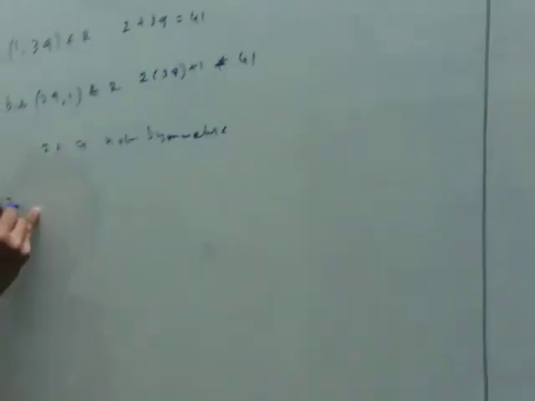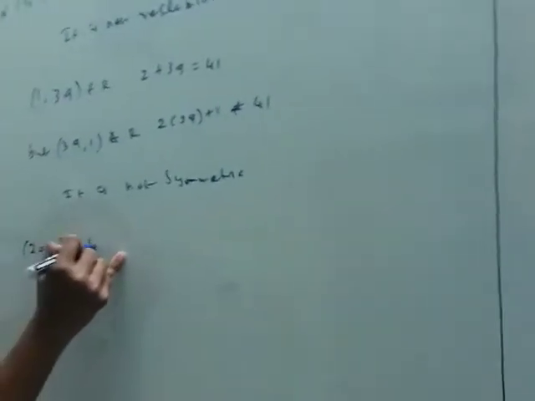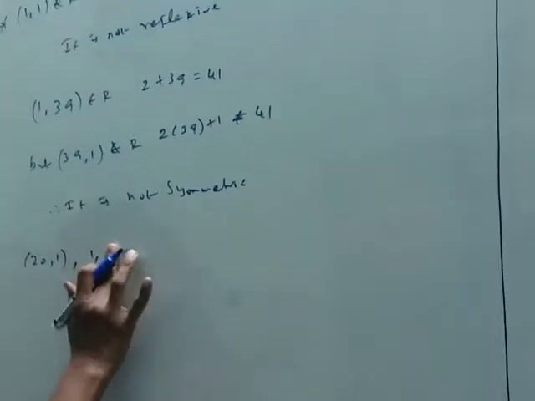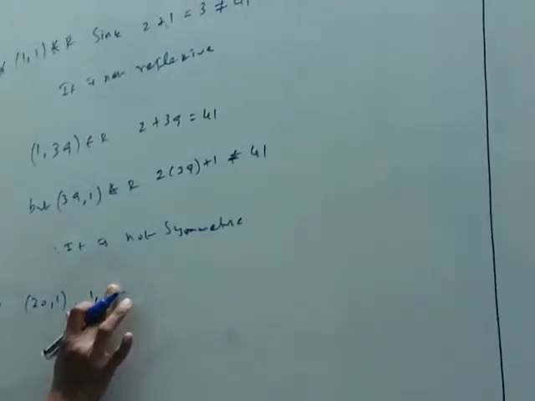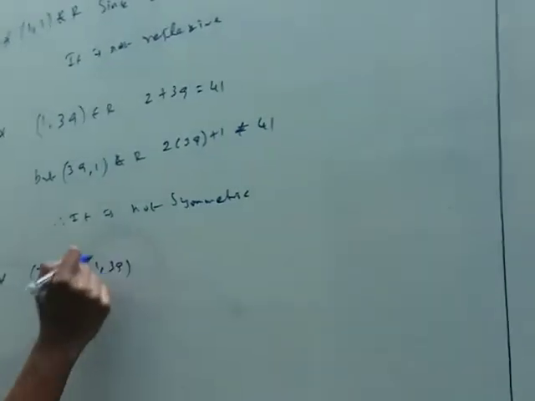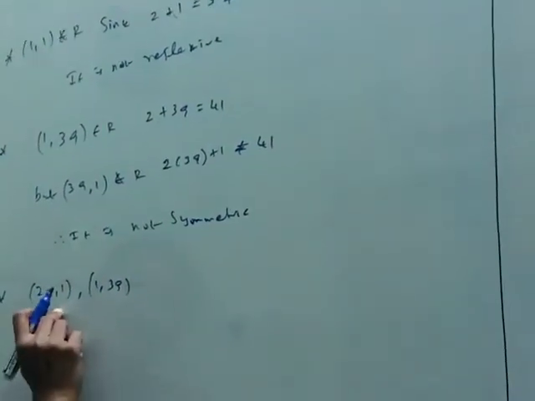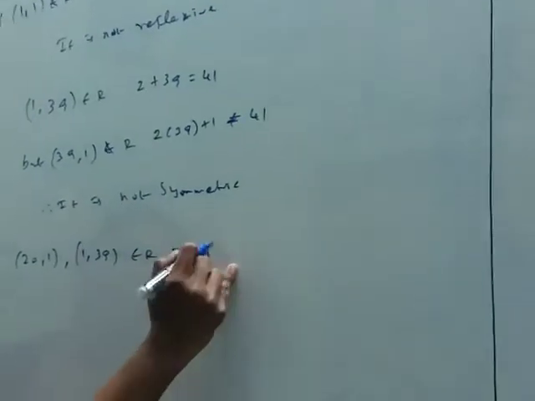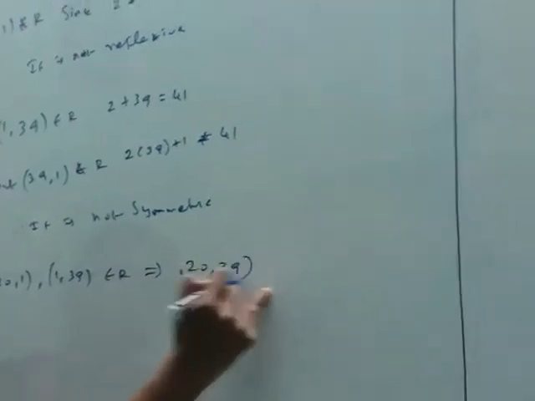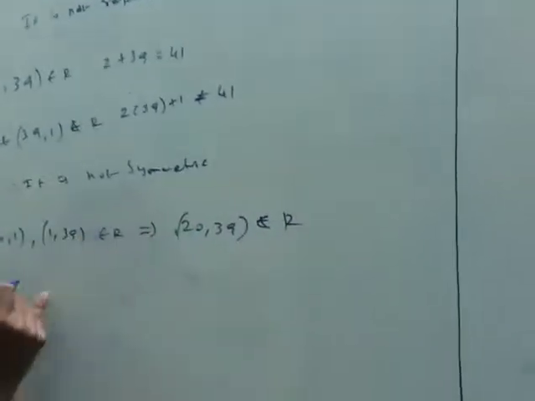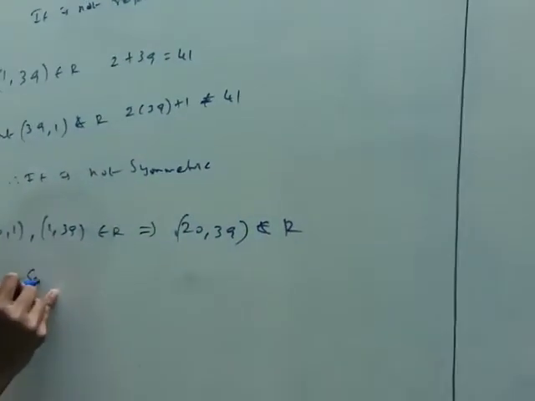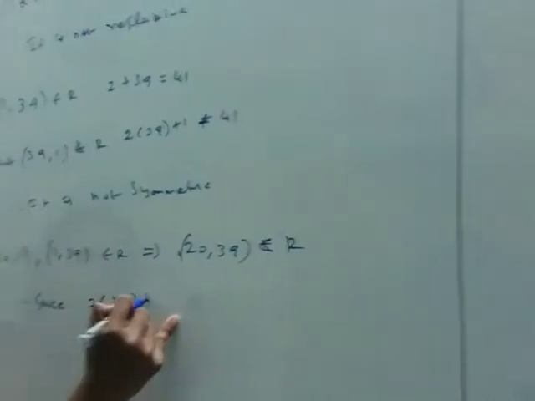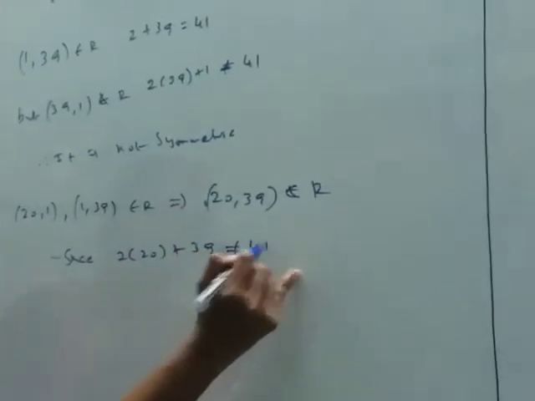Like the transitive, 20 comma 1 and 1 comma 39, okay? So here 20 comma 1, 1 comma 39 belongs to R, implies 20 comma 39 does not belong to R, since 2 into 20 plus 39 is not equal to 41.